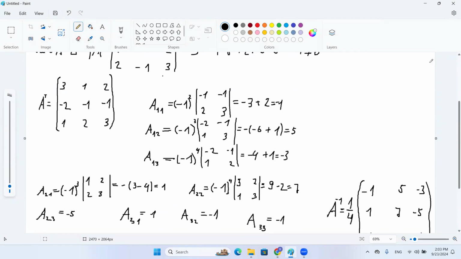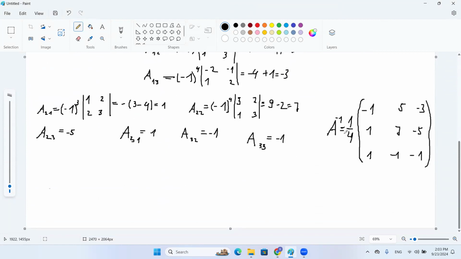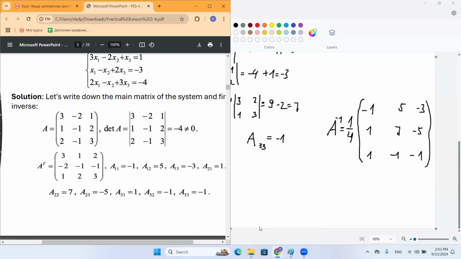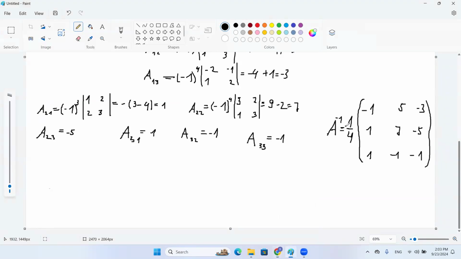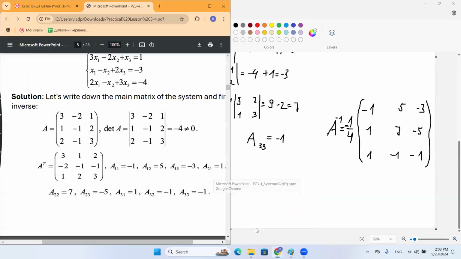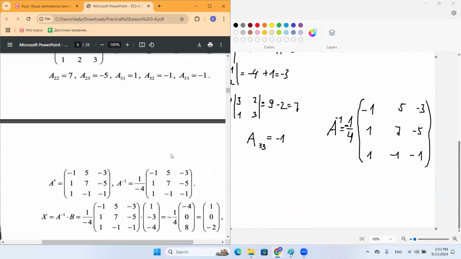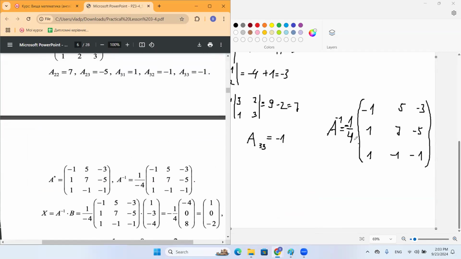Minus before 1 is false, because the determinant is -4. So just don't forget this minus. And actually, that's all.